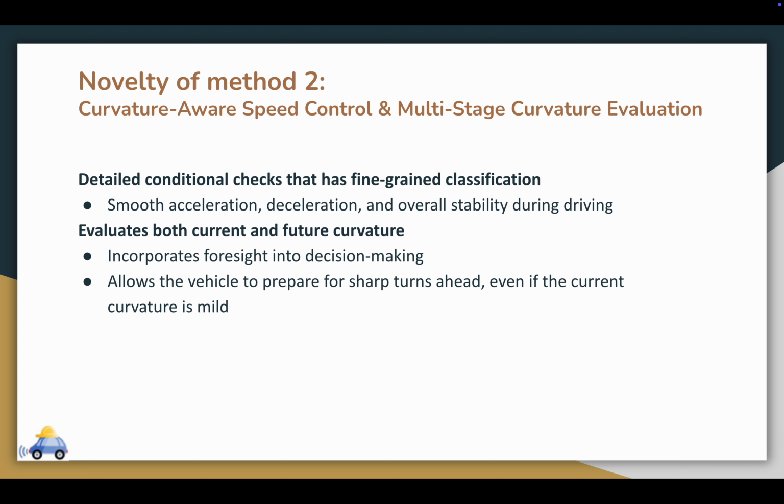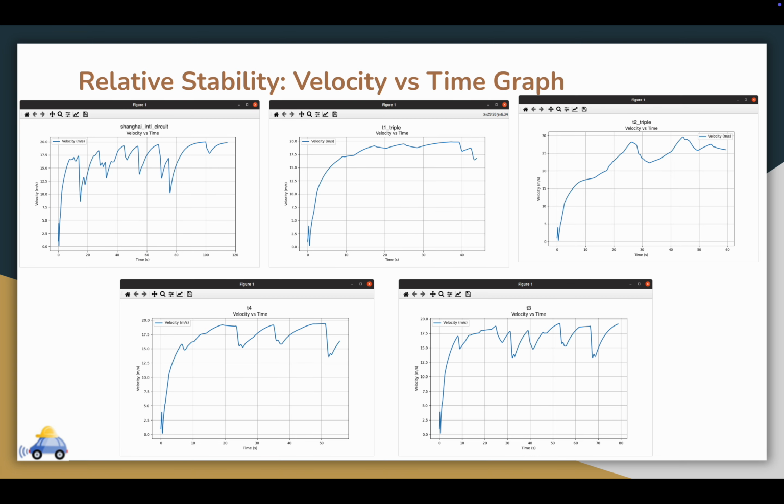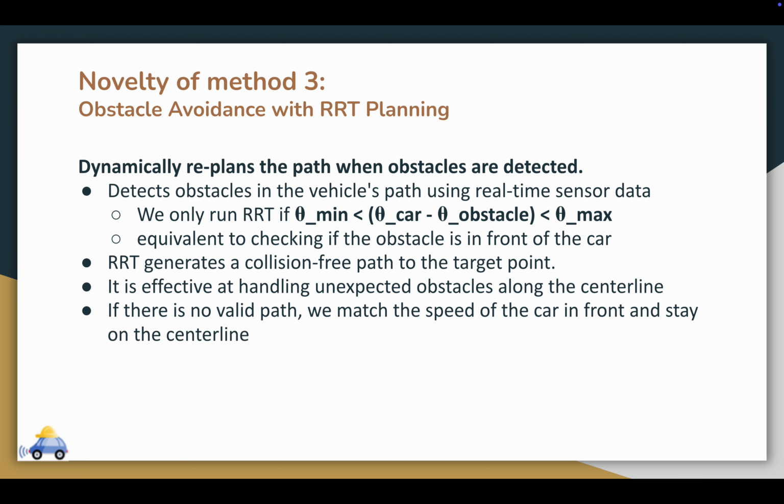We evaluate the current and future curvature, and this allows us to have a very smooth result that beats all of Jan's baseline results. So you can see here the velocity versus time graphs, and they're very, very smooth compared to the results shown in other projects.